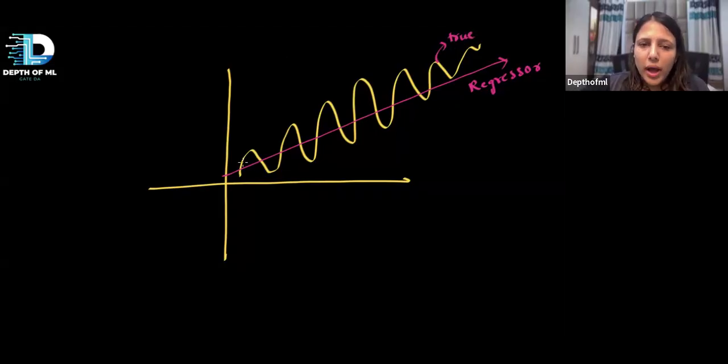So what I've done is I have oversimplified my model. I'm saying that this polynomial, maybe some x degree polynomial, I'm trying to predict it using a linear classifier or linear regressor, right? So I have oversimplified my model over here.